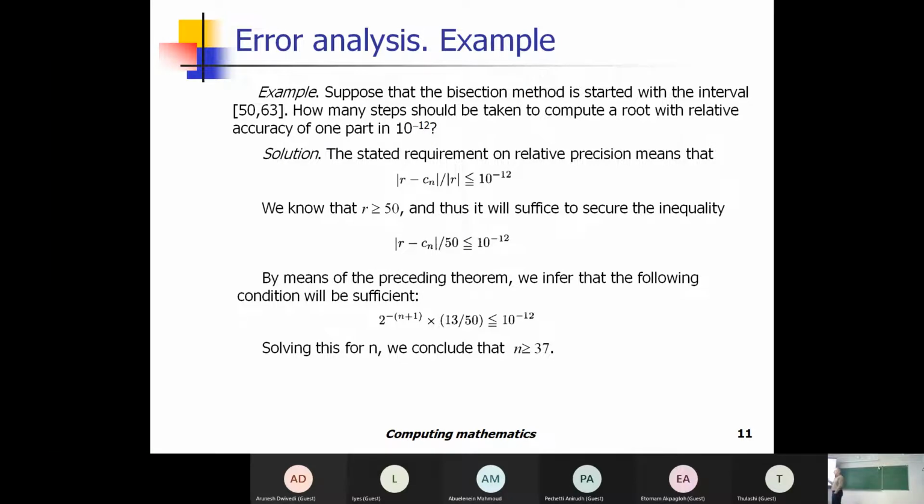On the first lesson, we'll consider not only the absolute error, but also relative error. Relative error is R minus Cn over R. And according to the problem statement, the relative error, it's all written here. I just repeat this on the board.